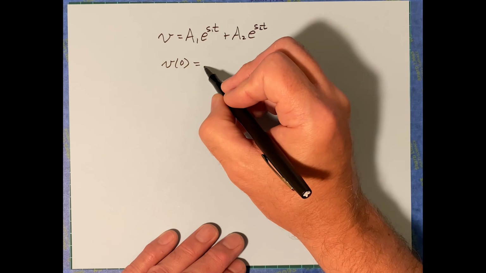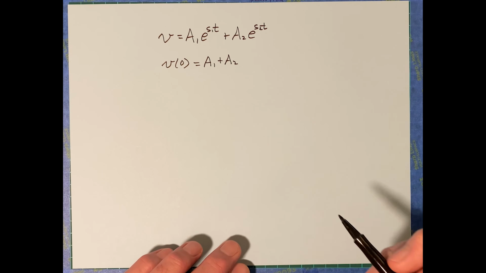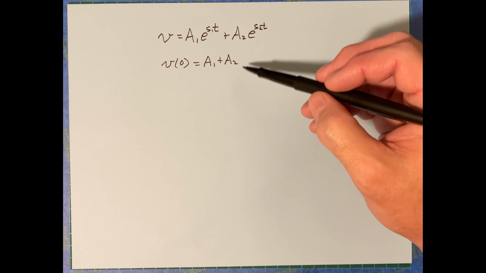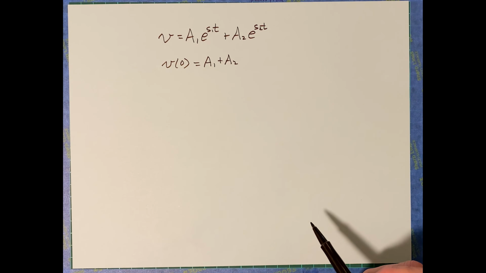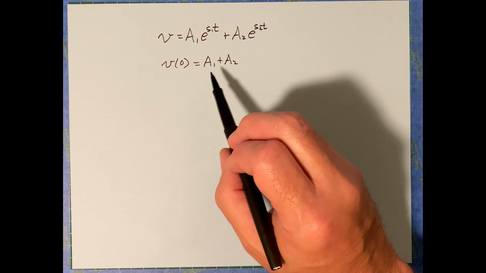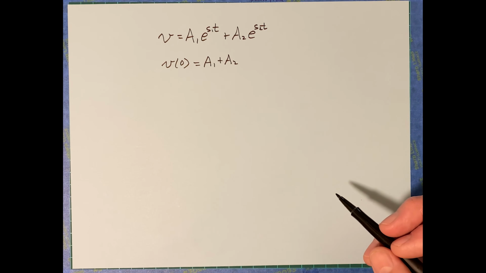And that's going to just be A1 plus A2. All right, so there's one equation that you can use to help figure out what these coefficients are. But there are actually 2 coefficients, so you need another equation.